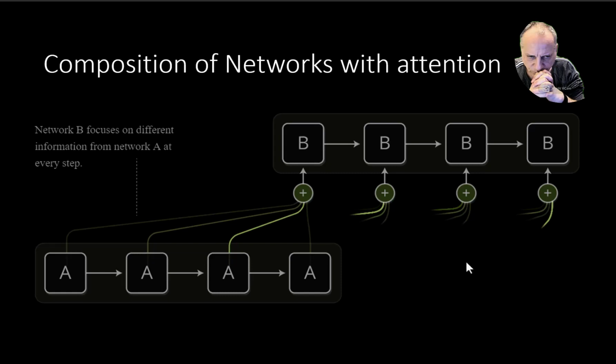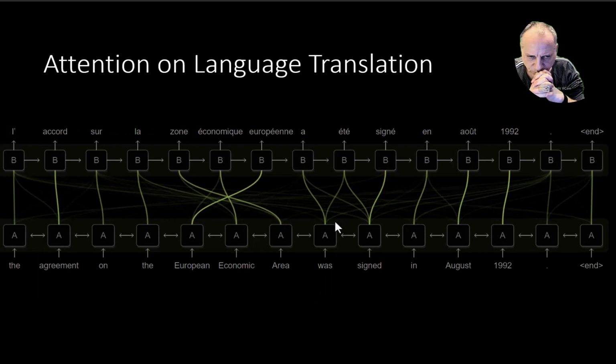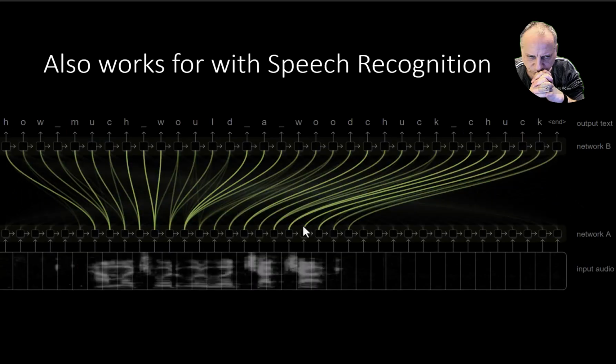And just like we can stack RNNs, we can stack RNNs with attention. So instead of the inputs being the original tokens, they could be the states of the previous levels. And this is just an example for language translation, and also important for speech recognition.